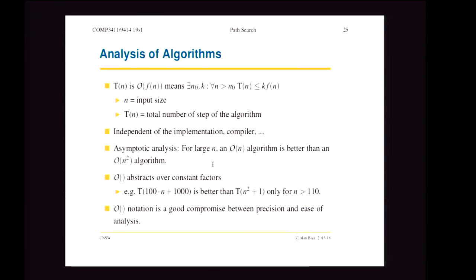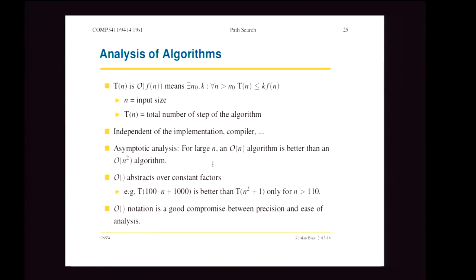Now, this is the formal definition, big O. You measure the size n of the input, and then T of n is the running time of the algorithm for that input, in terms of the number of nodes expanded and so on.